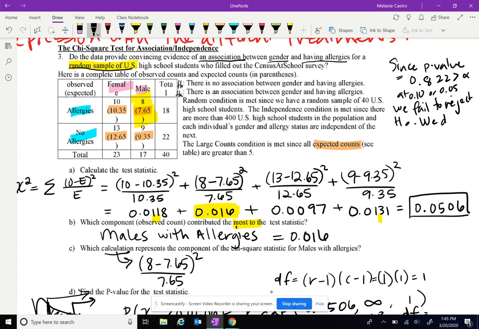We do not have enough evidence that there is an association between gender and allergies.